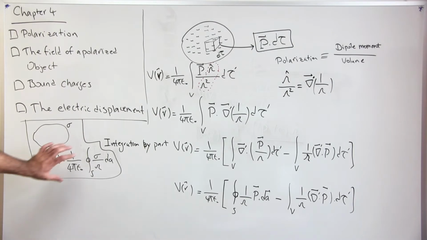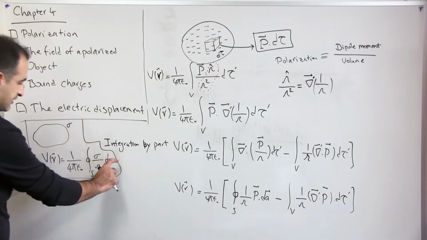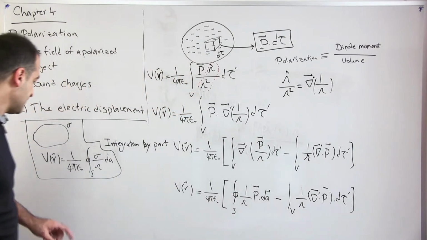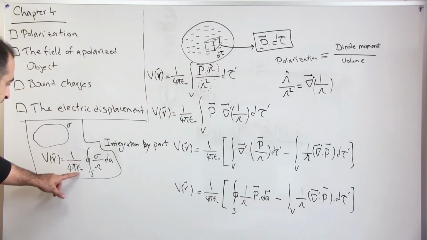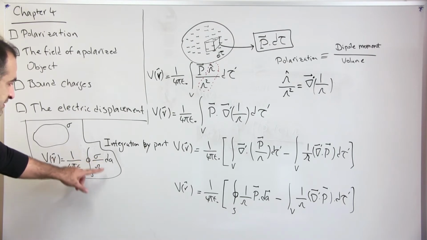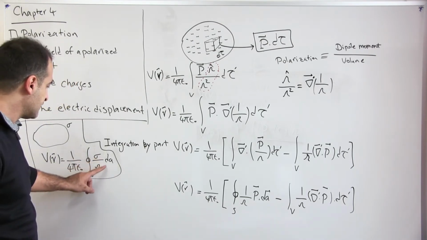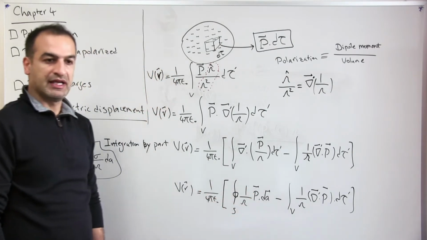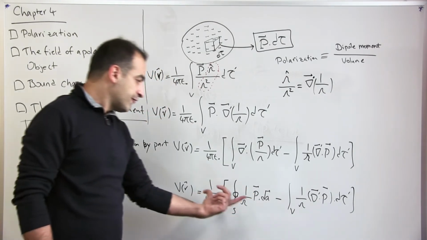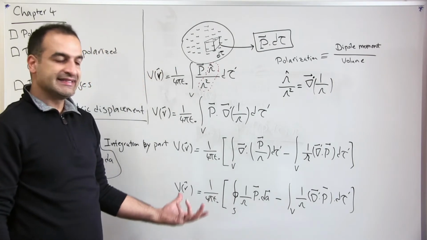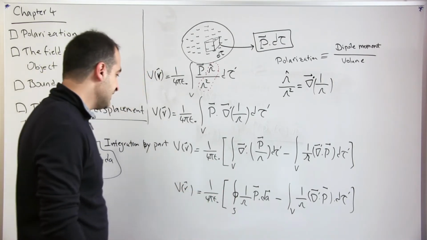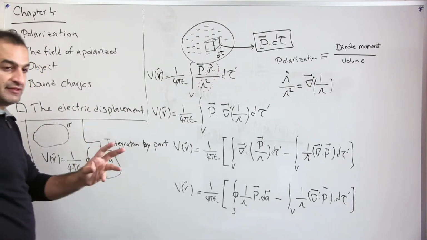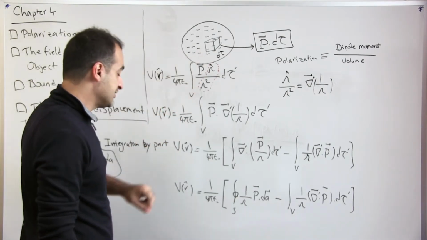Now, if you compare this integral with the one we have here, the first term has a very similar shape. We have 1 over 4 pi epsilon 0 times sigma over r dA, and here we have 1 over r times P dot dA. So the mathematical form of the first term is in fact very similar to calculating the potential created by a surface charge, not necessarily polarization.